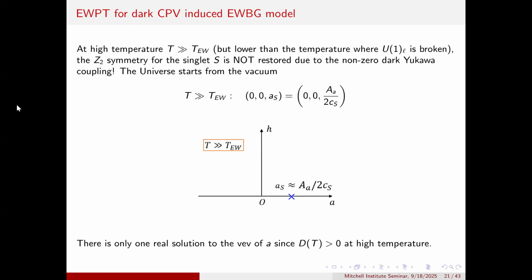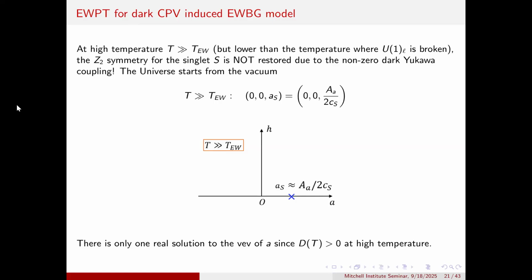And it later transfers into 0, something, where something is the vev of the singlet field, through a phase transition. And later on, it transfers to the electroweak vacuum. So this is the so-called 2-step phase transition. But in our case, we have only 1 step because we start from 0, something already. And this is introduced by this A-squared term, which is from the dark Yukawa coupling. So this is a special feature of our model.